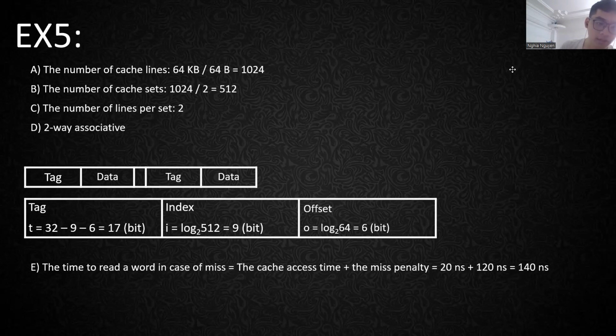The number of sets is 1024 divided by 2, equal to 512. The cache is two-way associative, and this is the table.